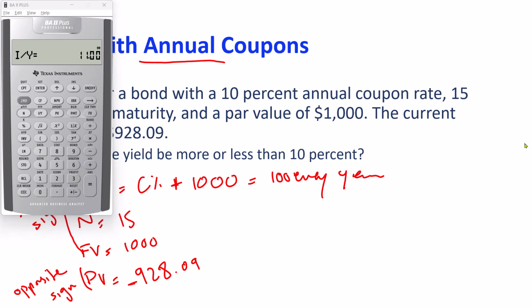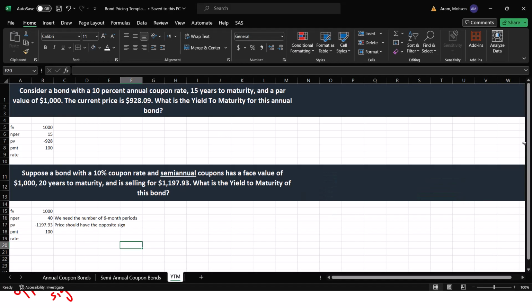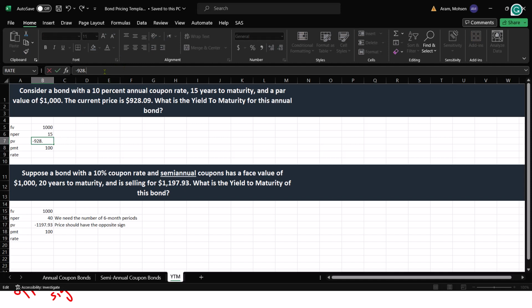Let's look at the Excel sheet. So we have future value 1,000, 15 years to maturity, $928.09 for the price, and then payments are going to be 10% of 1,000.